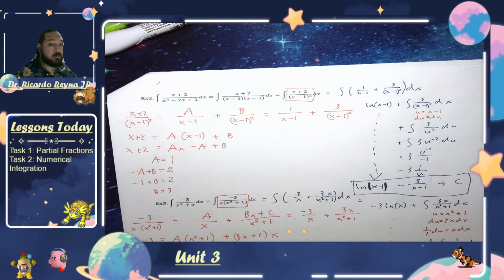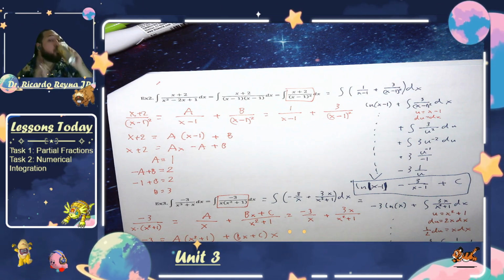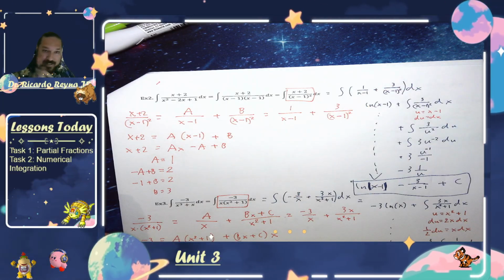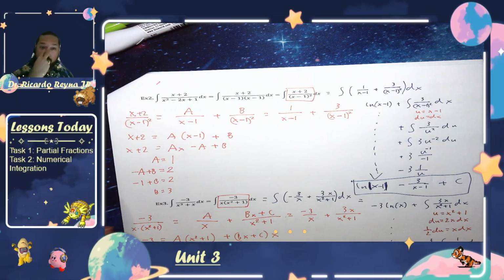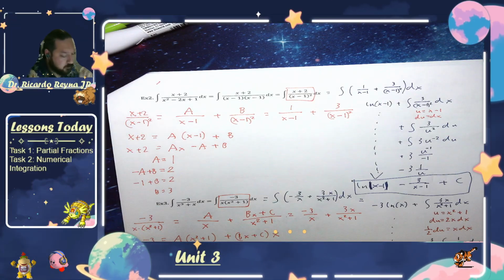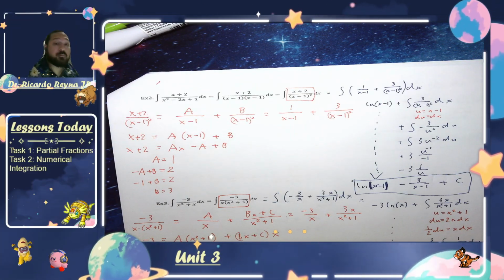Then, after that, go ahead and do the trick I told you where you multiply both sides by that denominator. You'll get x plus 2 is equal to a times 1 of the x minus 1s, and then this b will just be by itself.